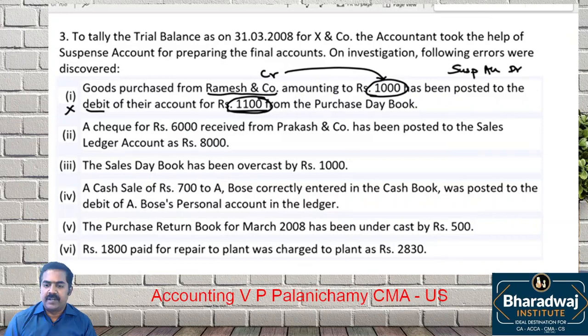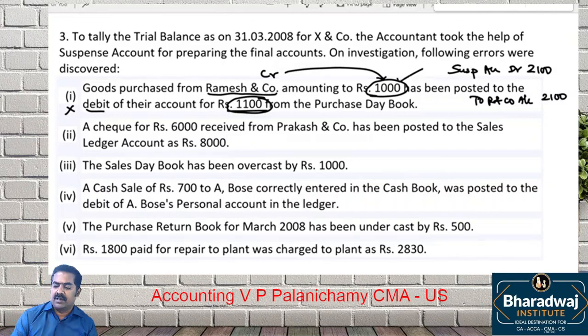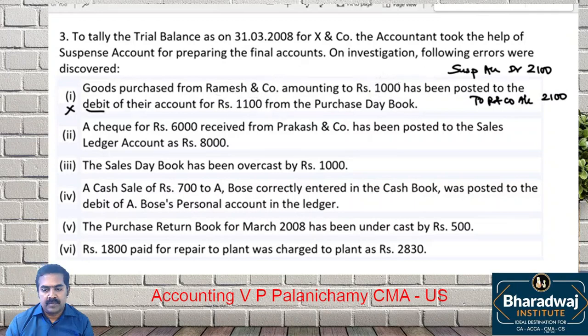Suspense account debit 2100 to which account? Ramesh and Co account. Total 2100 you have to credit. Suspense account debit to Ramesh and Co account 2100.